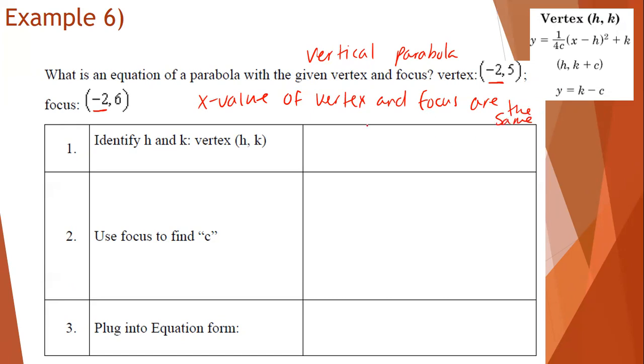So in this problem, identify our vertex. Our vertex is negative 2, 5. So therefore, h equals negative 2 and k equals 5.